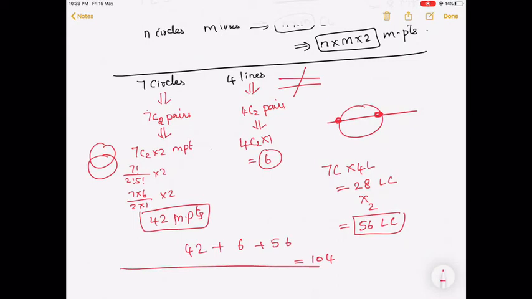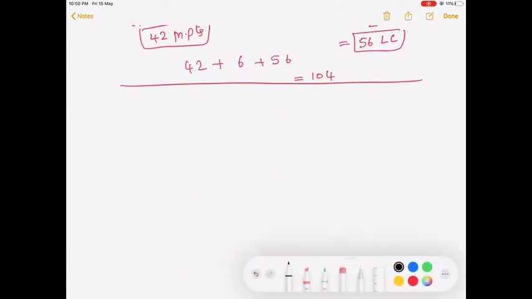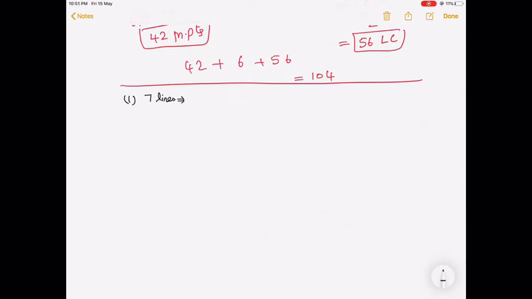Now let's take a special example. I have 2 cases. Case 1, I have 7 lines. What is the maximum point of intersection? Case 2, I have 7 lines, out of which 2 lines are parallel. What is the maximum points of intersection between these 7 lines?